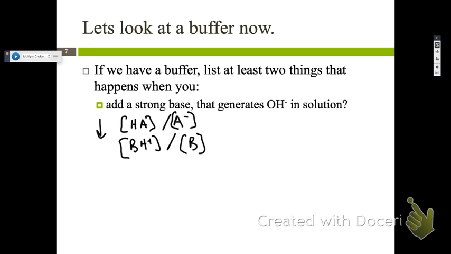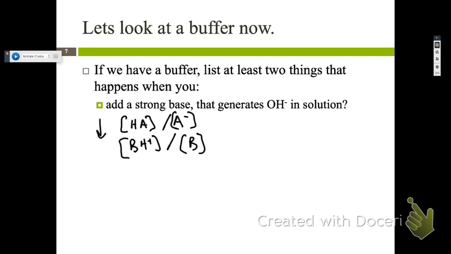So Kayla's point was, if you add hydroxide to this buffer, you're going to decrease the concentration of your weak acid. What if we had this bottom buffer instead? Which one would decrease in concentration? Do we decrease, if we add a strong base, do we decrease the concentration of our base? The conjugate acid. Okay? So it doesn't matter which conjugate set we have.